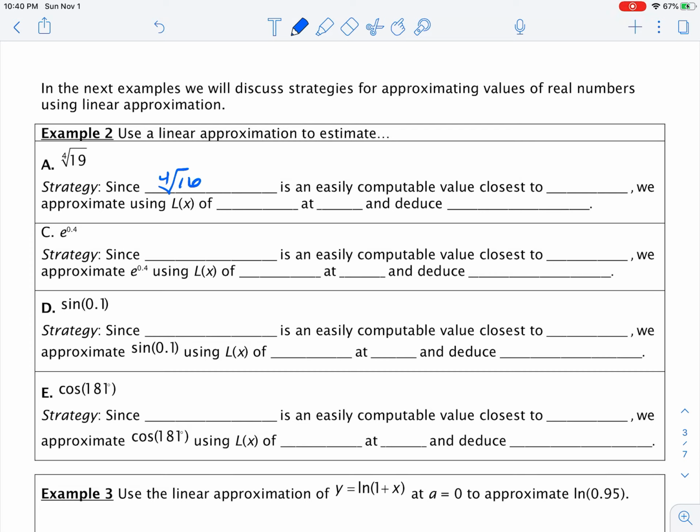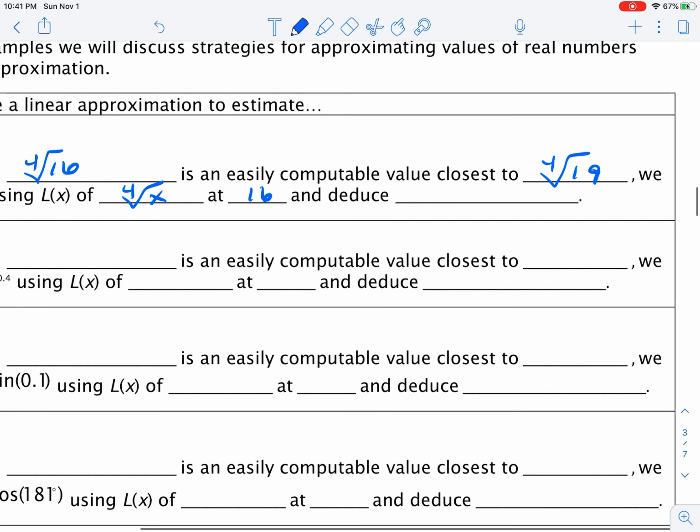So since the fourth root of 16 is an easily computable value closest to the fourth root of 19, we would approximate using the linearization of what function? We'd use the fourth root of x, at the value of x equal to 16, because we're trying to compute the one at 19, and 19 is relatively close to 16.